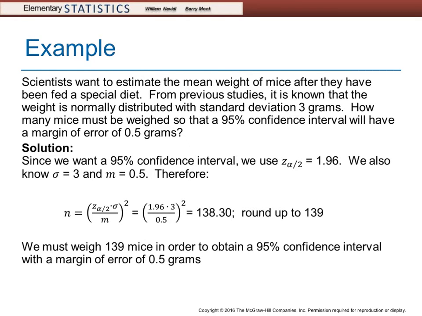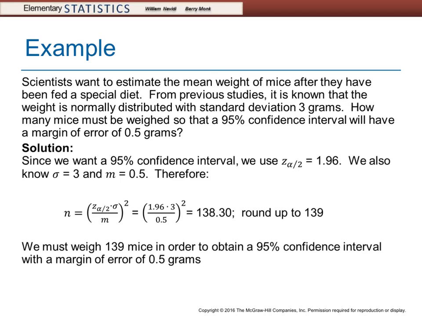A scientist wants to estimate the mean weight of mice after they've been fed a special diet. From previous studies, it is known that the weight is normally distributed with a standard deviation of 3 grams. How many mice must be weighed so that 95% of the confidence intervals will have a margin of error of 0.5 grams? Since we want a 95% confidence interval, we use z equal to 1.96. We also know that sigma equals 3 and the margin of error m is equal to 0.5.